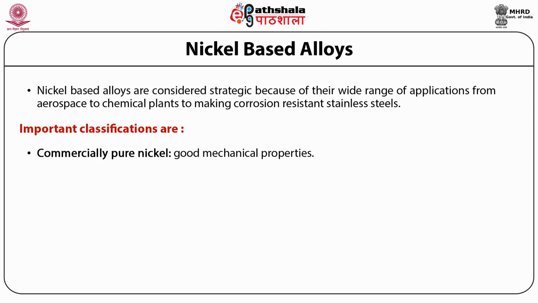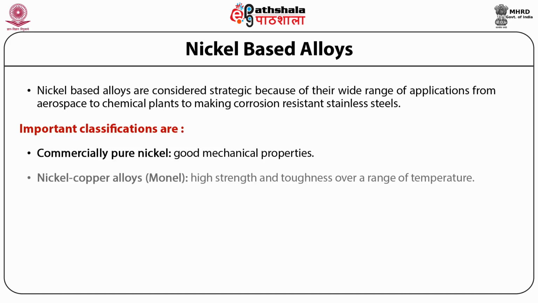Second type of nickel alloy is nickel copper alloys, that is Monels. Nickel and copper form complete solid solution. Most importantly, the nickel copper alloy containing 67% nickel and 33% copper is called Monel.